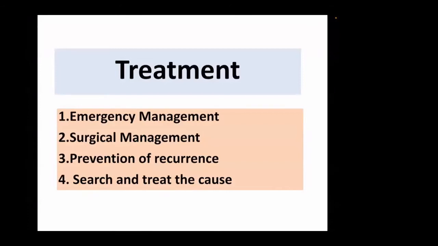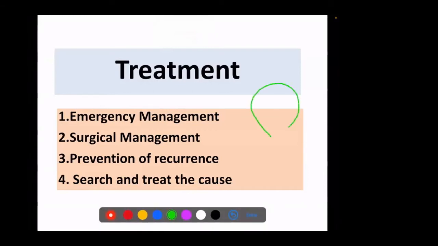Let us see what are the treatment options that we have. Again, emergency management, surgical management, preventive management, and identify the cause and treat the cause. So we don't observe, there's no such observative management for this bladder stone. Emergency management means, see, what emergency could happen in bladder stone? The only emergency that may happen is if the stone obstructs the bladder neck, it leads to acute retention of urine.